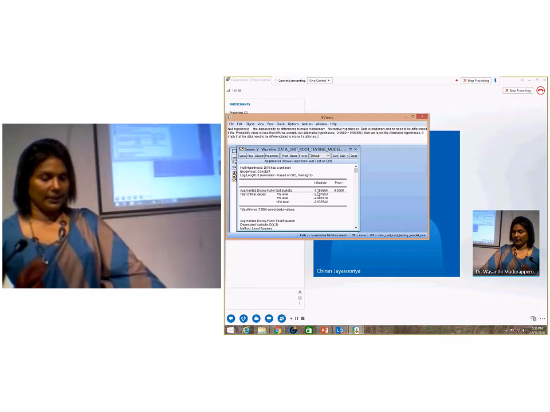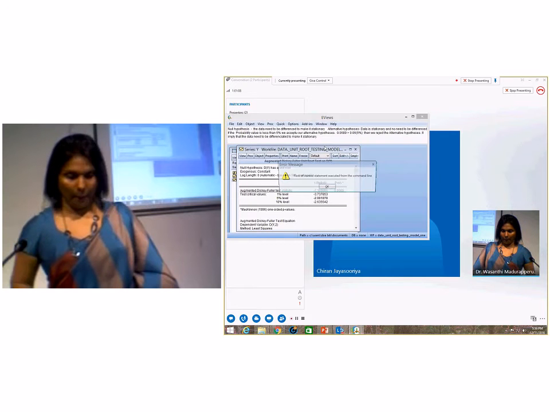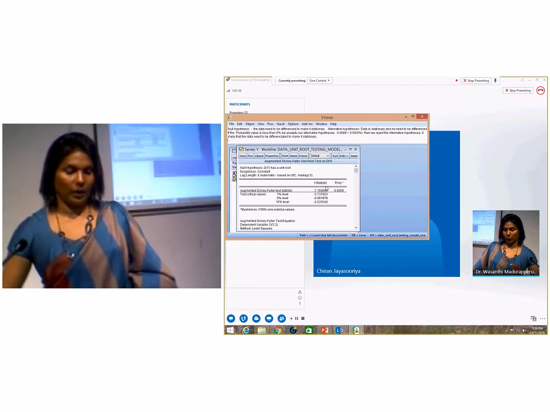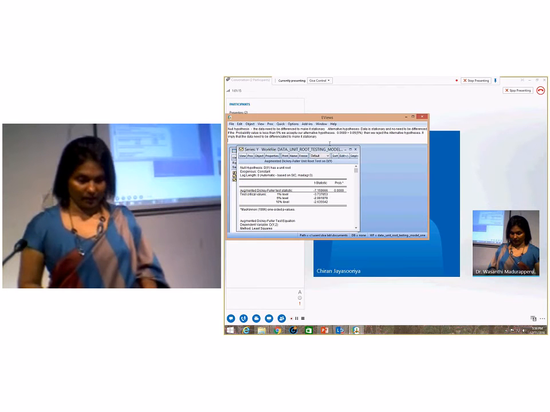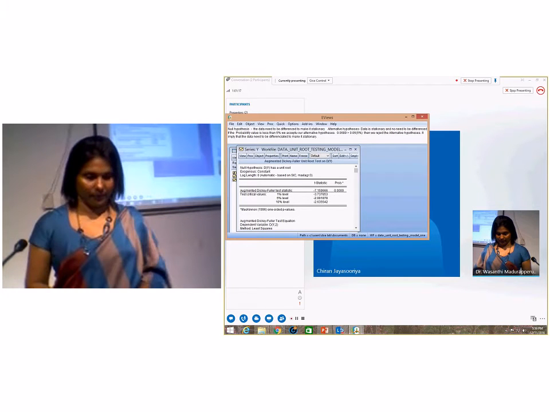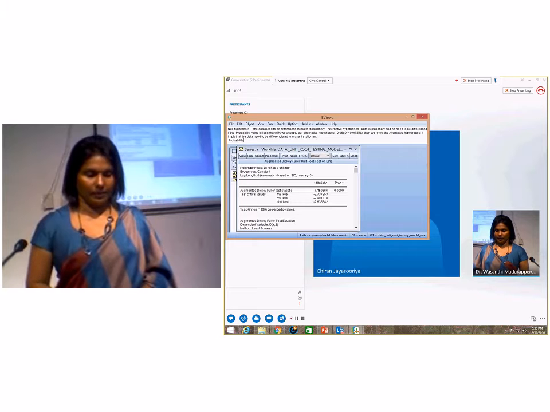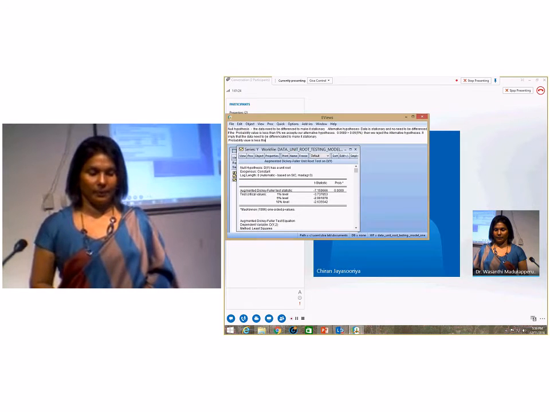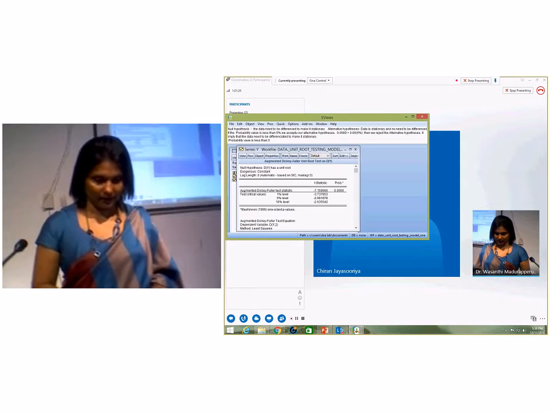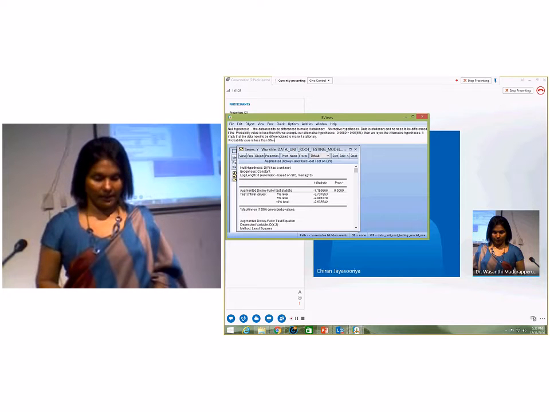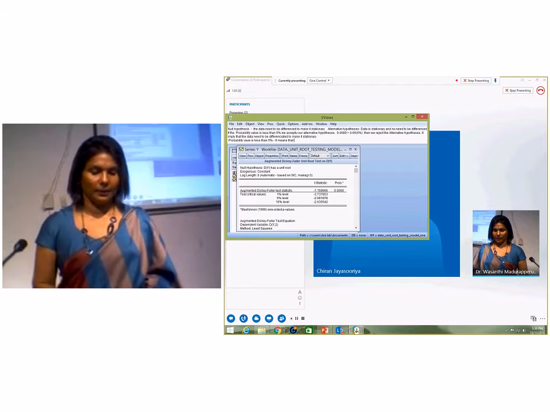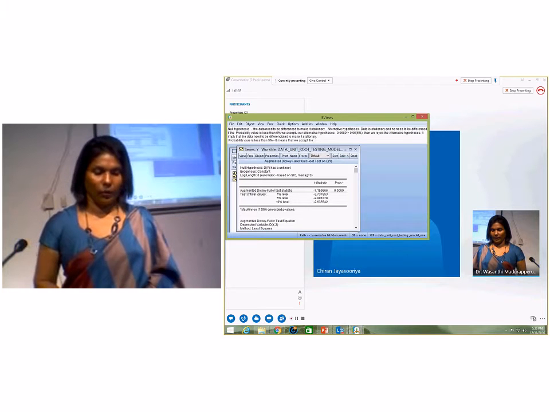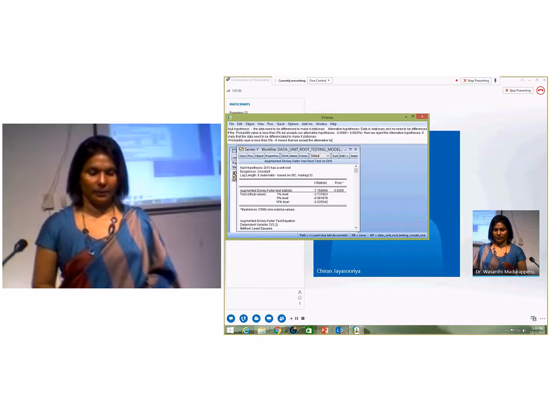Right, now you can see that here the probability value is 0.000. The probability value is less than 5%, so we accept the alternative hypothesis.